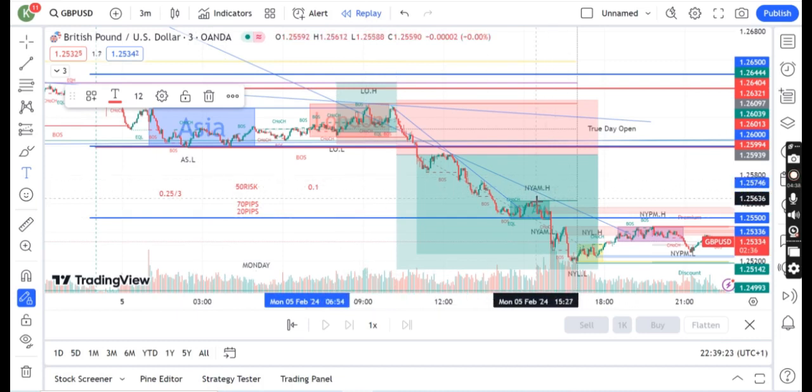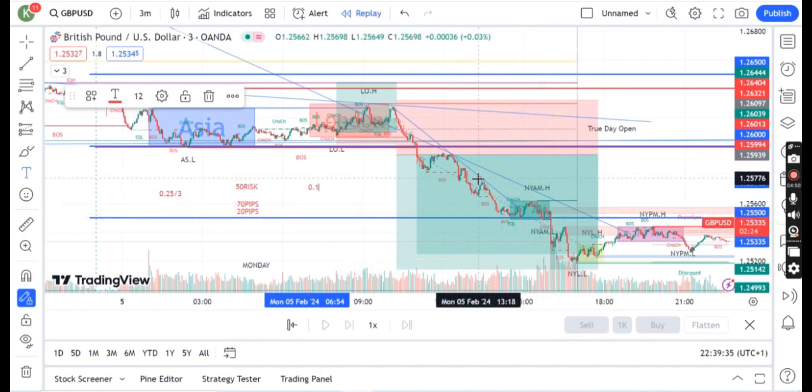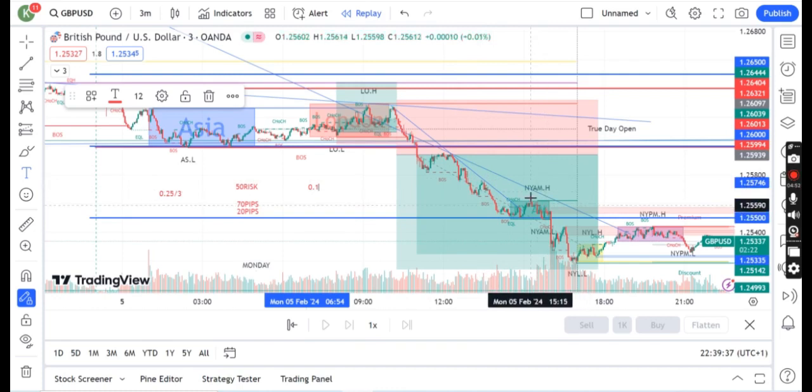You can even take another one to make it 0.4, and you take your first take profit at the first place, like here, where you suspect that price may react. When you take the first set of take profit and leave the last one for this last take profit, you'll find out that you have been able to cut your supposed losses.